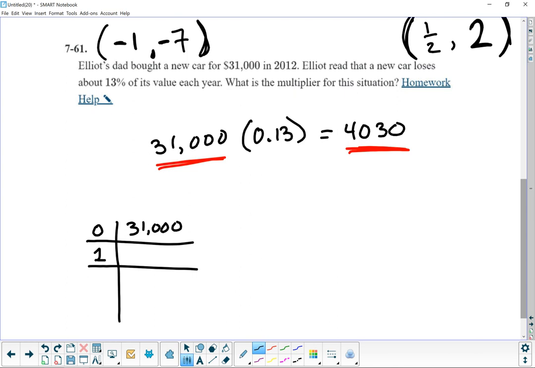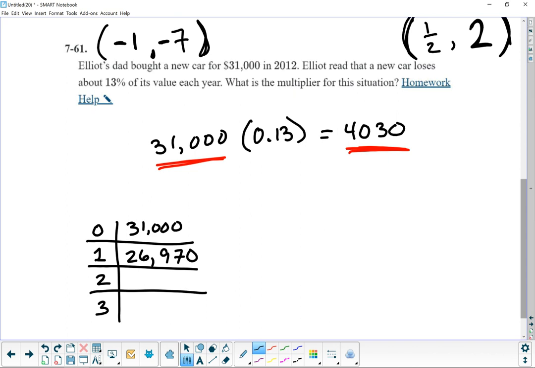I'm going to do this on the calculator on the side, so you can do it yourself just to check. 31,000, take away $4,030, and so in year one the car is now worth $26,970, and you can just keep doing that. You multiply by 13% and keep doing that for year two, year three, and so forth.